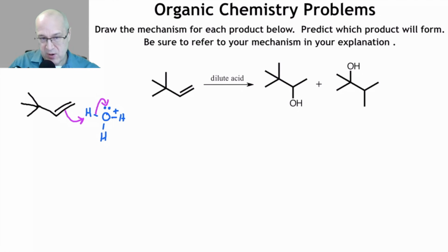Now we've already learned about Markovnikov addition, so you know that the more stable carbocation is going to form. I'm not going to go into that. If you want to learn about that, there's other videos that I've done in this series that will teach you all about Markovnikov's rule and how to predict where protons will go in a Markovnikov fashion, i.e. there's no peroxide.